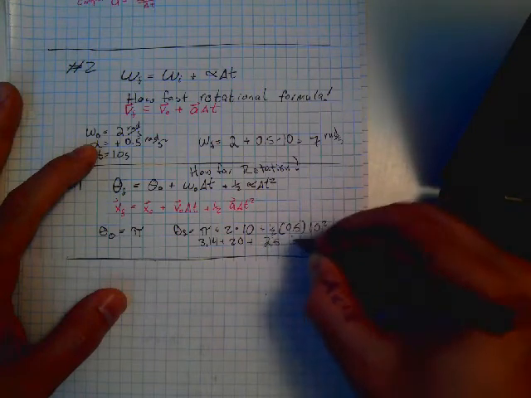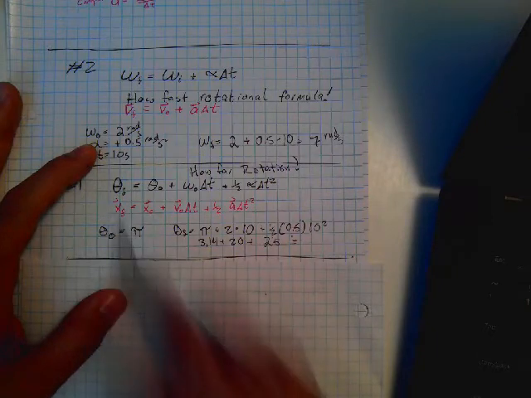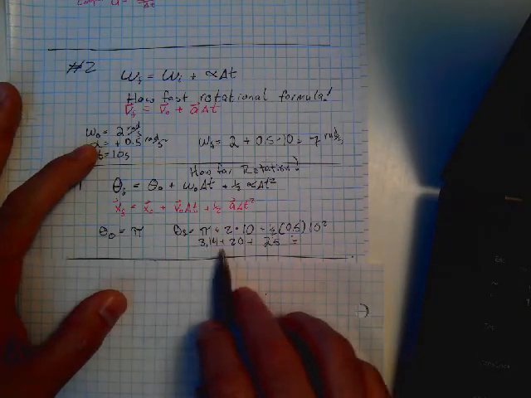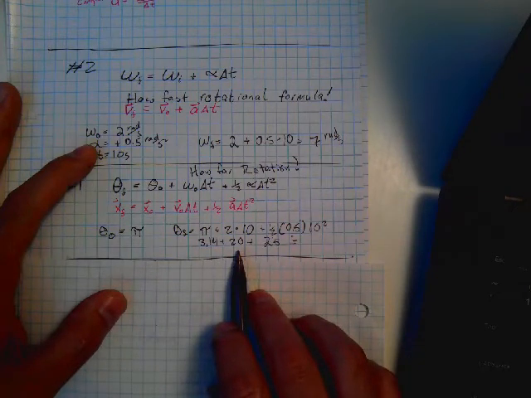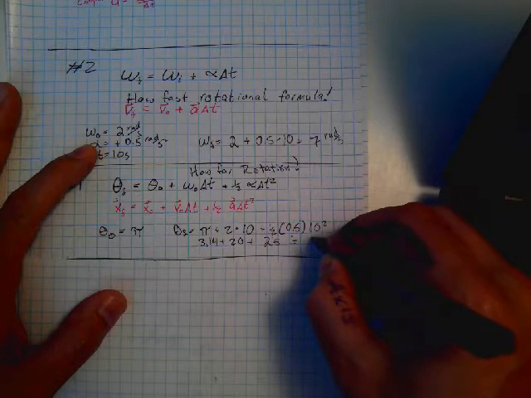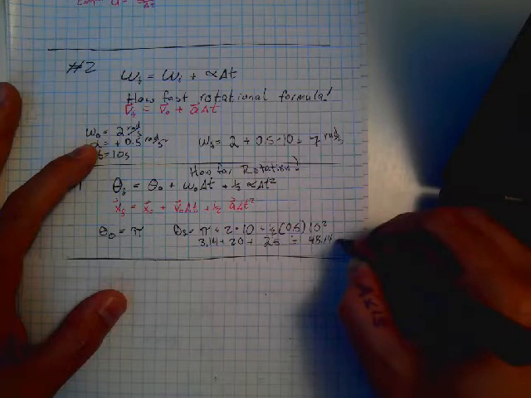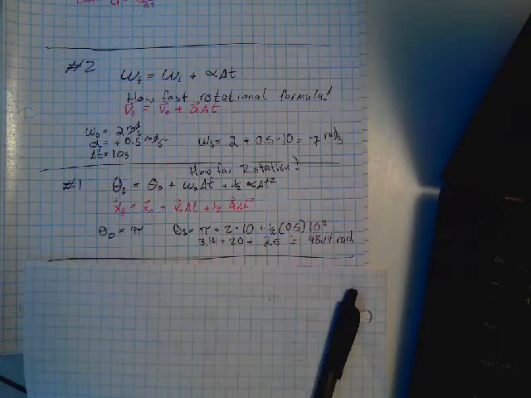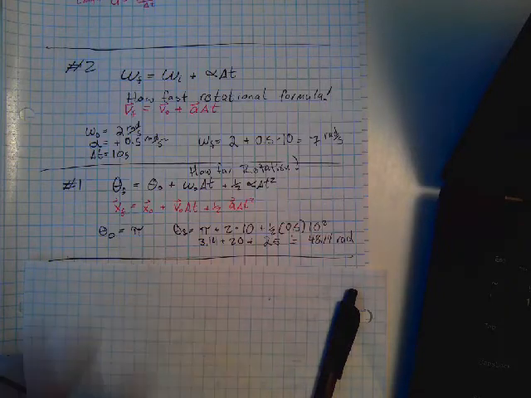So our final theta position would be 3.14 plus 20 is 23.14, plus 25. That is 48.14 radians. To figure out what that would be in terms of rotations, we would just divide that by 2 pi, and you should get about 7 2/3 rotations.